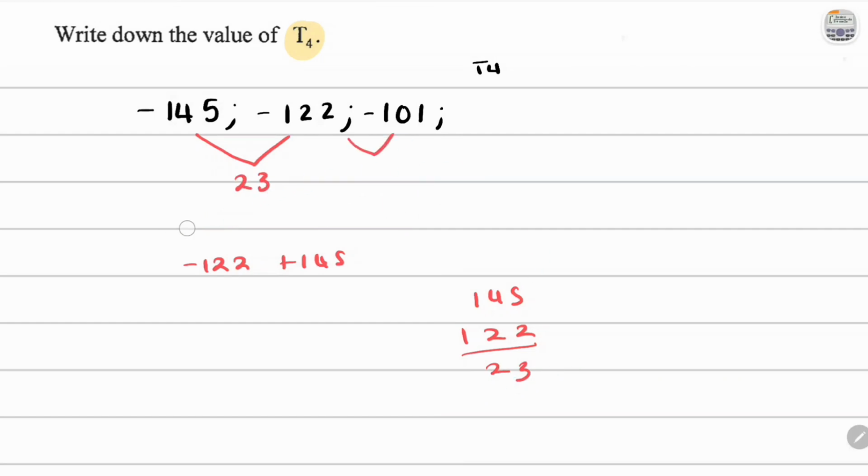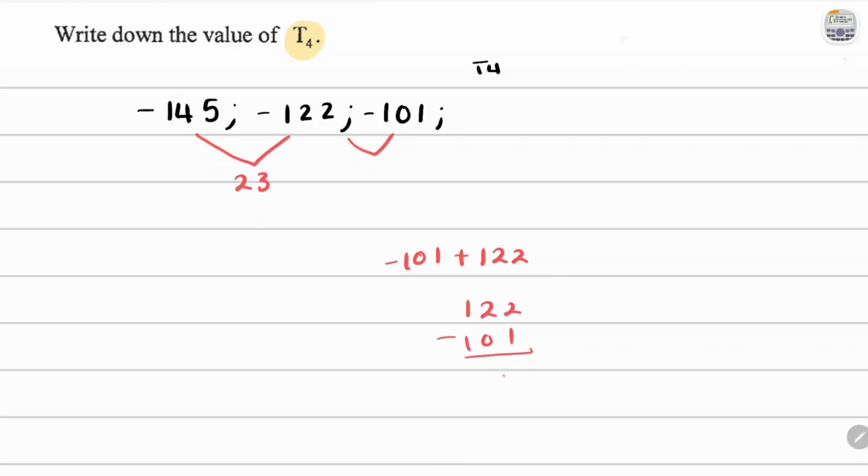Same thing, negative 101 minus negative 122, which gives us plus 122. So 122 minus 101 is 21. That gives us positive 21. As you can see, these values are increasing, so yes, they are being added by positive numbers. That is the first difference that we have.